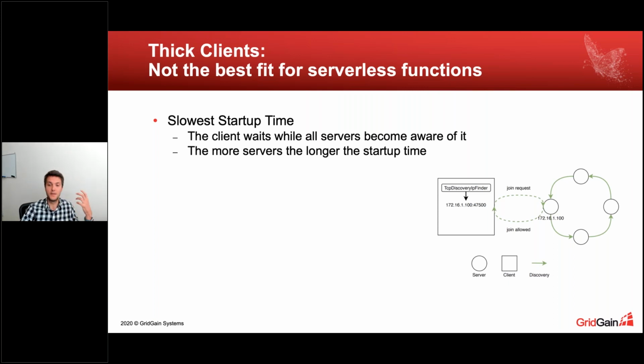For instance, if the thick client joins a 4-node cluster, it will probably be quick. If the client joins, let's say, a 100-node cluster, the connection time to the cluster will be longer, because in that case the join request message has to get to all 100 servers.